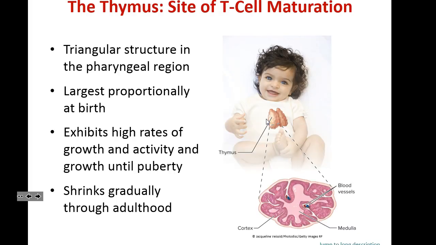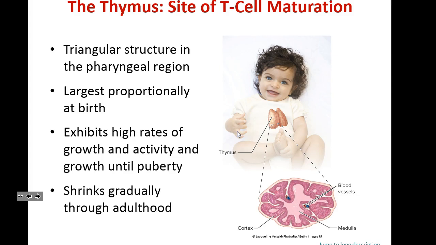The thymus is the site of T-cell maturation. It's a triangular structure in the pharyngeal region. It's largest at birth proportionally. So that means a baby has a large thymus, don't they? Compared to how large your thymus is once you get to be an adult.